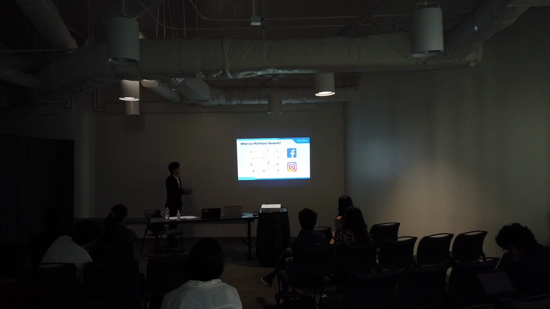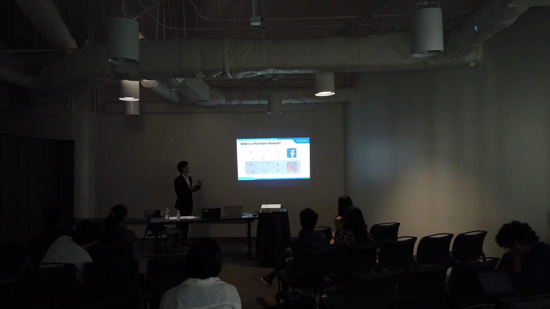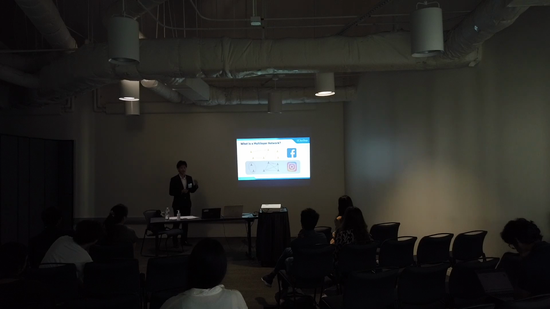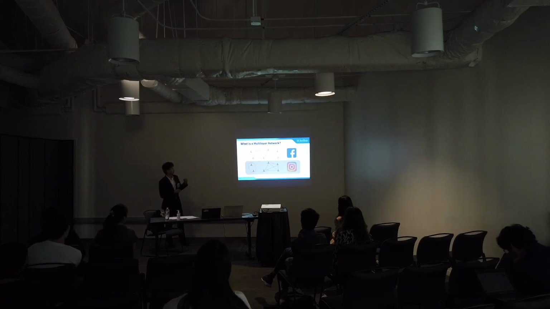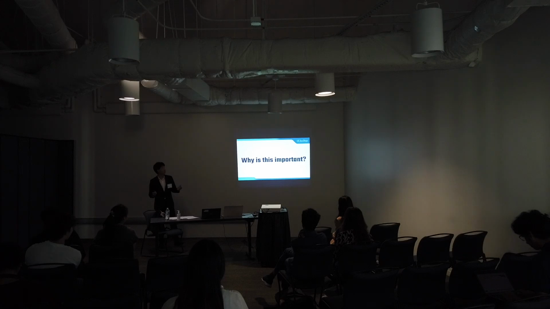Traditionally, agent-based models are run in a single layer. This ignores the multi-identity of a human and fails to capture an important characteristic in social interaction. So now that we understand that a multi-layer agent-based model provides more accurate results, why is this important?